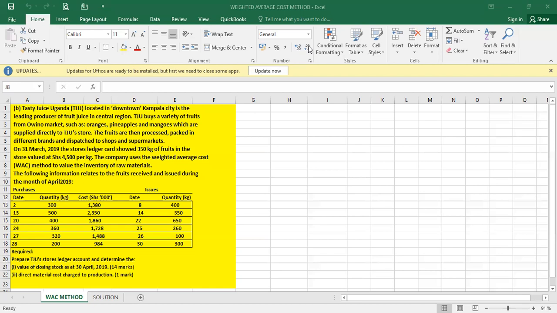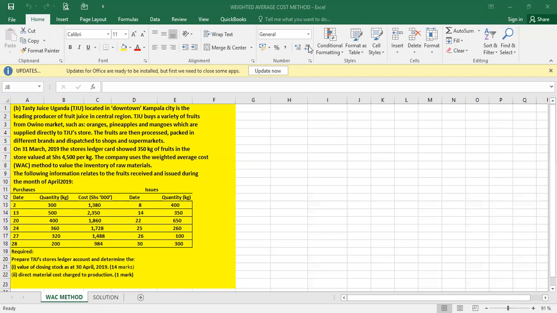It means since they are counting their stock at the end of every month, they are using the periodic stock taking, whereby you compute the stock after a certain period of time, not like when you're using the perpetual inventory method where you count the stock continuously on a daily basis.